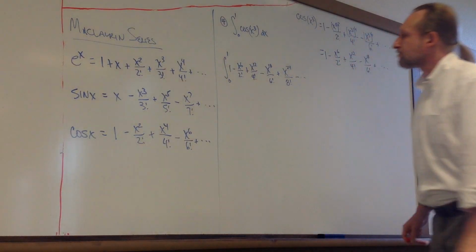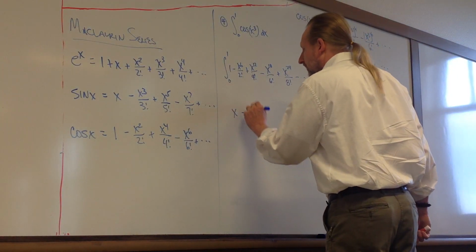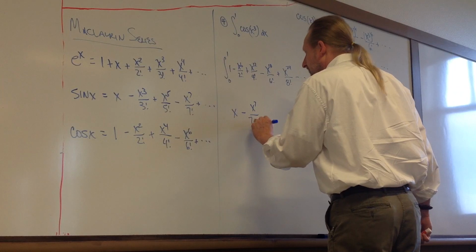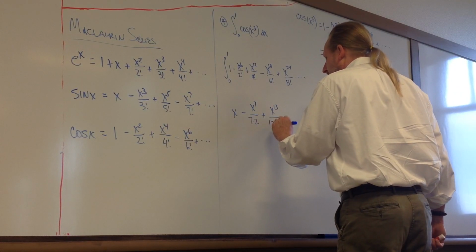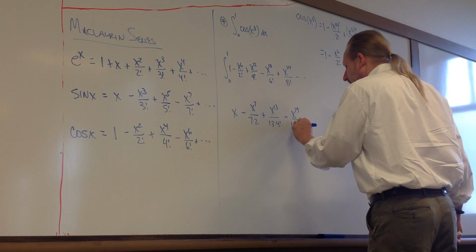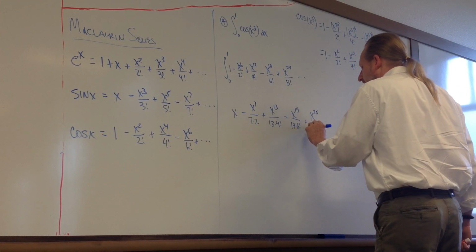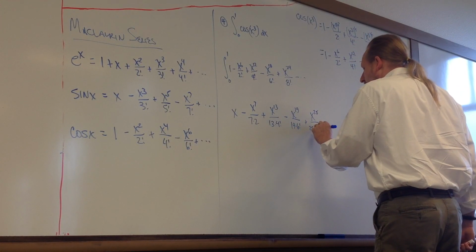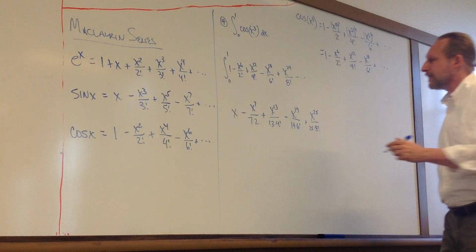Okay, so let's do the integration. This will be x, minus x to the 7th over 7 times 2 factorial, plus x to the 13th over 13 times 4 factorial, minus x to the 19th over 19 times 6 factorial, and I'll put this last one on there, but it probably won't make any difference if we're rounding to 3 decimal places.